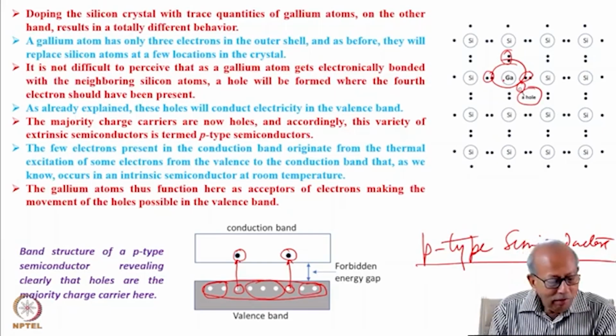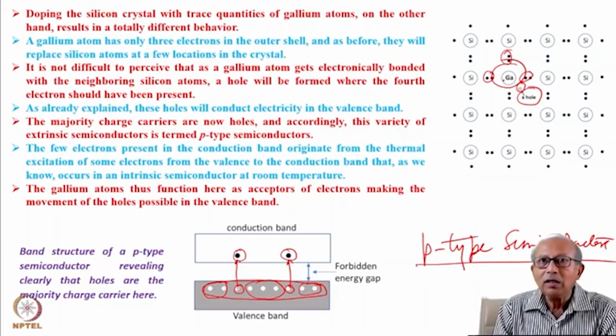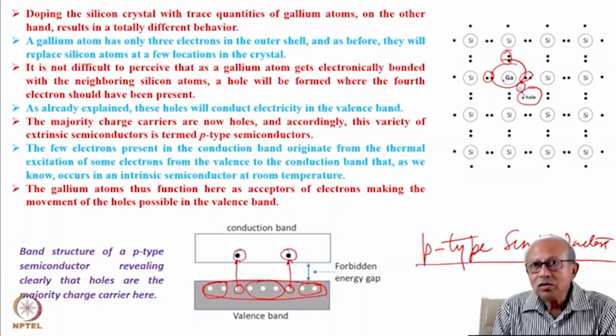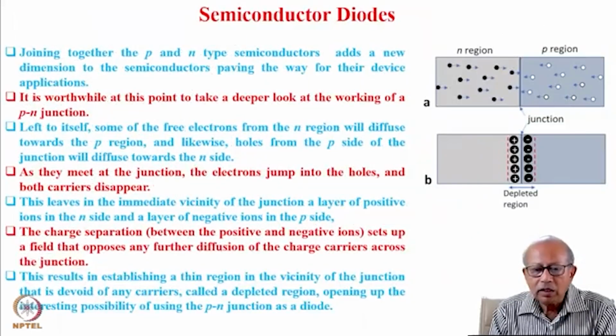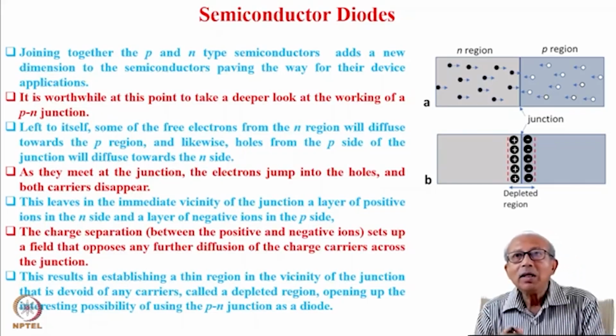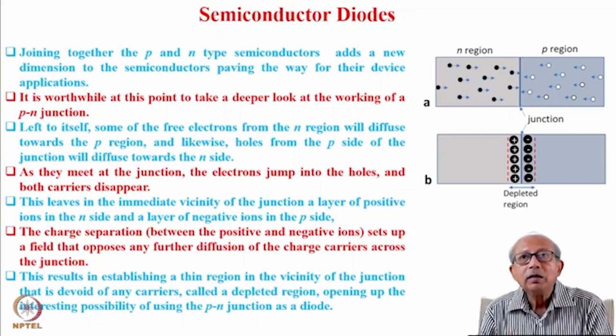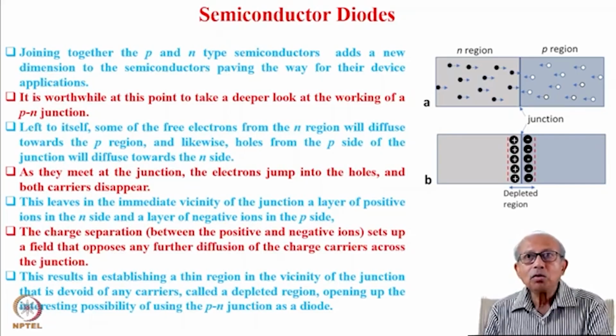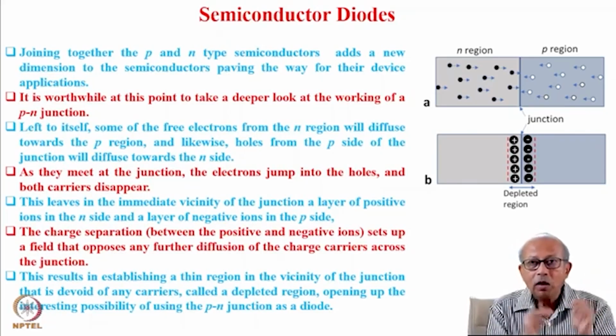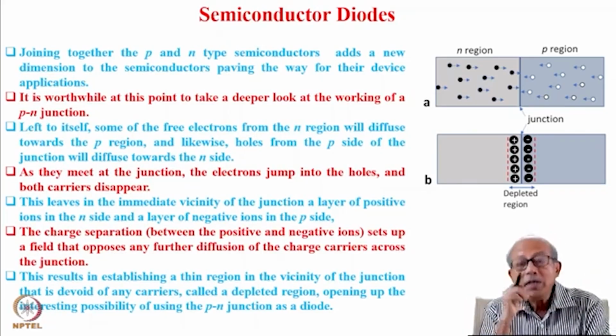However, when a p-type semiconductor joins with an n-type semiconductor, the semiconductor reveals its most interesting property and makes possible device-type semiconductors. The simplest of such devices is a p-n junction.